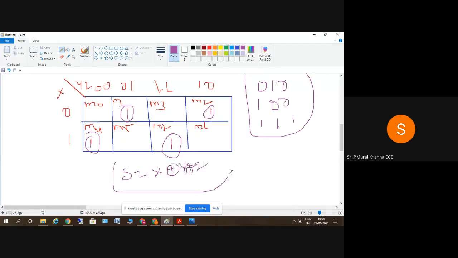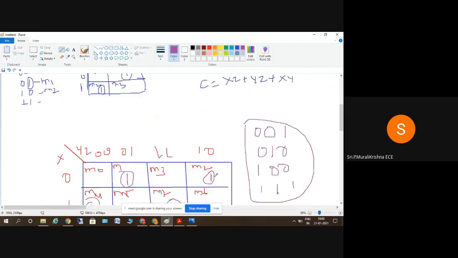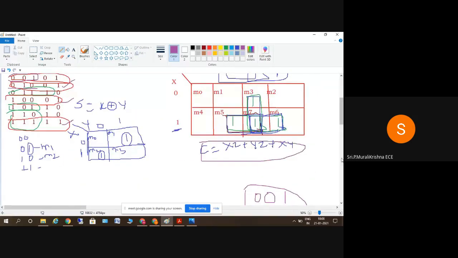These are the simplified expressions: this is sum and this is carry for the full adder. Note down these equations. Clear?